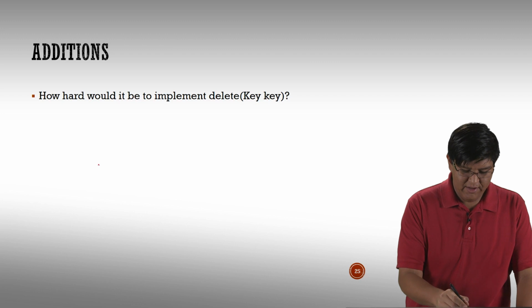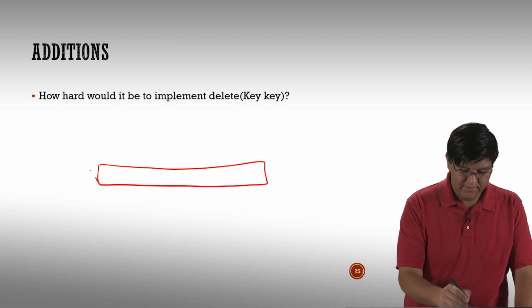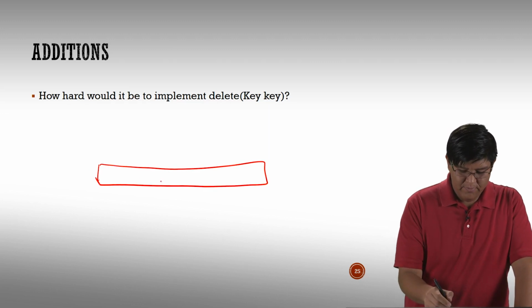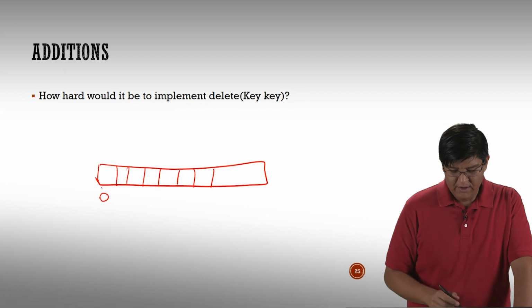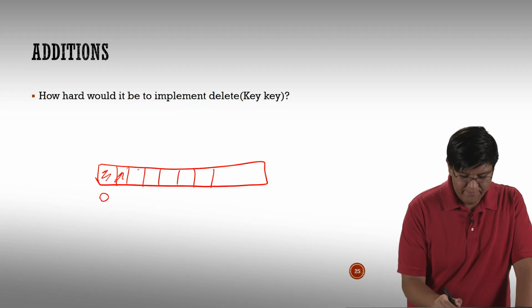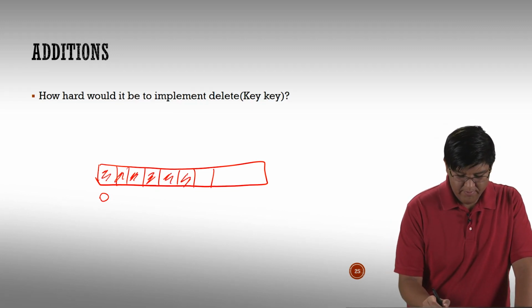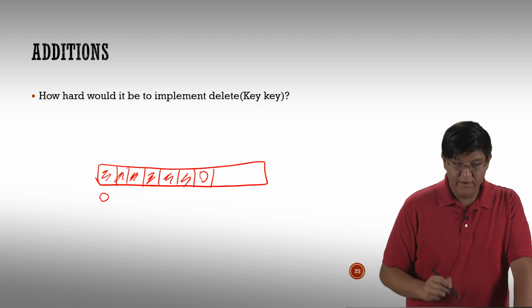So let's say we have an array like this, and let's say we have some spaces in here, and let's say this is index 0, and for some reason all these are filled up. And when I go to add a 0, it goes over here.